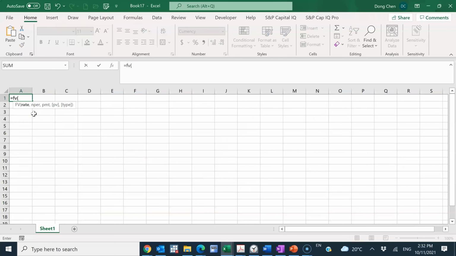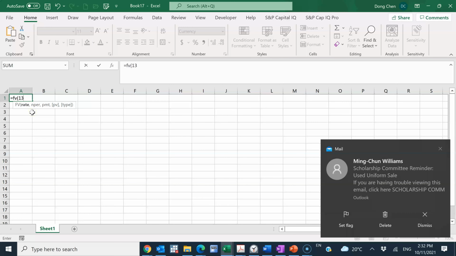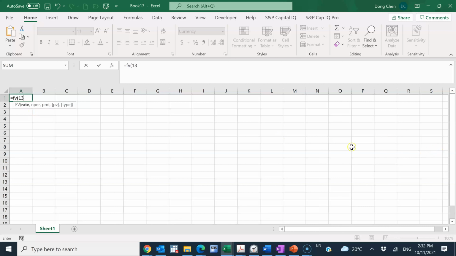FV, and open that. The interest rate is 13%. And the NPER, as we said, is 11. That's 11 compounding years. And this PMT refers to the annuity payment. It is not an annuity, so we should put 0 there. And the present value is $170,000.